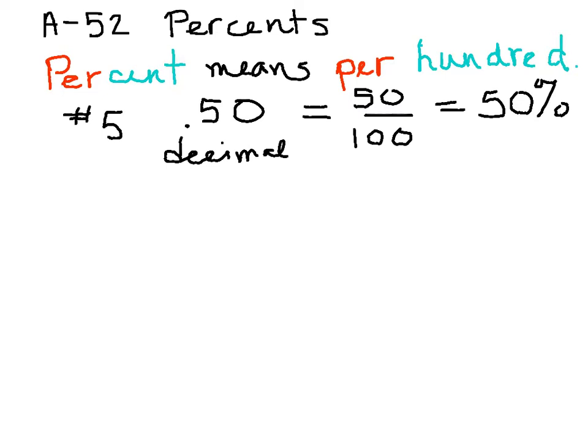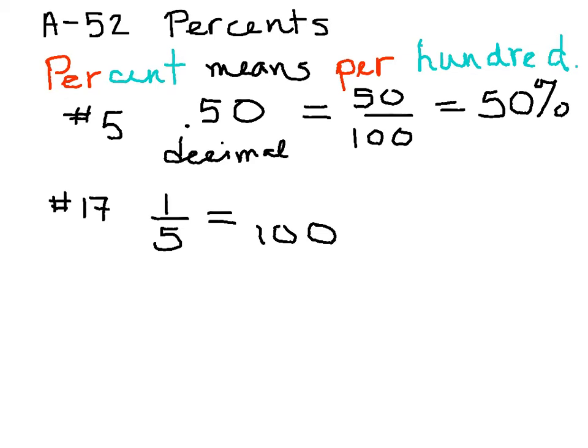All right, let's do another one of these. Let's take a look at 17. This says that I have 1/5, and I want to write it as a percent. It's important to understand that a percent means per 100. So let's change this to per 100.